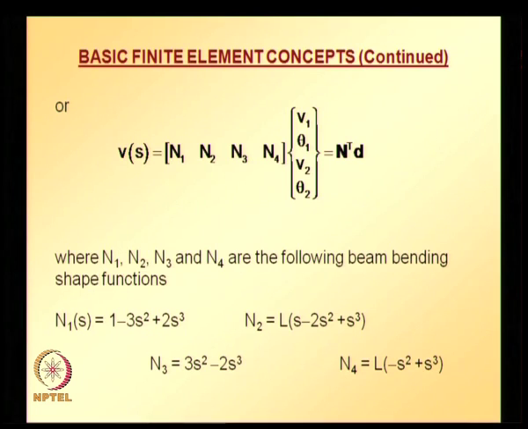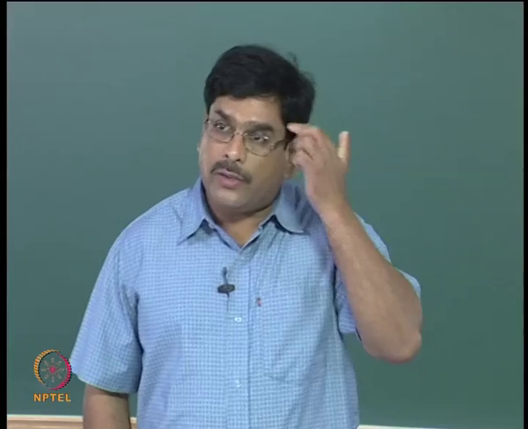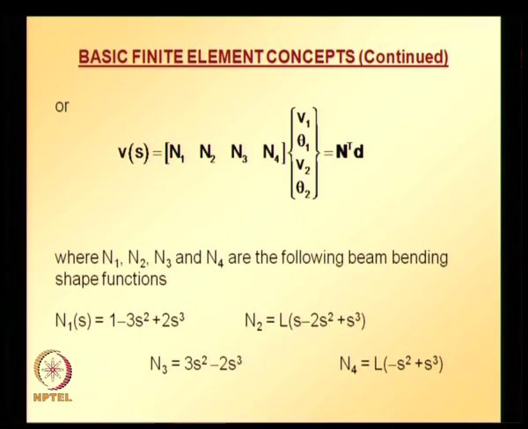And if you plot these shape functions by normalizing n2 and n4 with respect to L, that is, the equations corresponding to n2 and n4 are divided on either side by L, then they become functions of s alone. So we can plot how these shape functions look when s goes from 0 to 1.